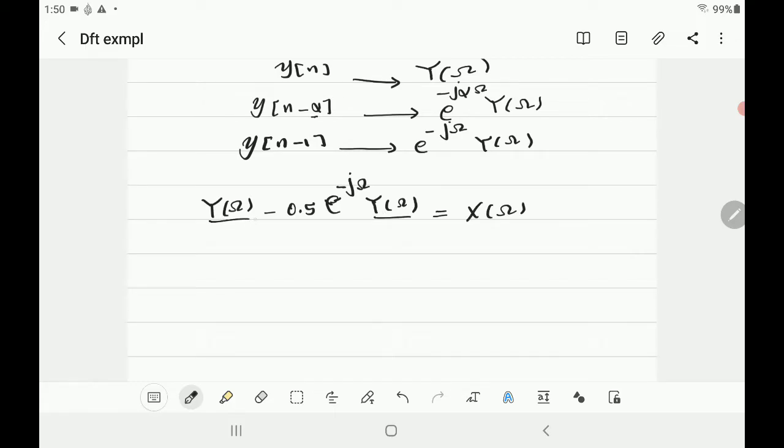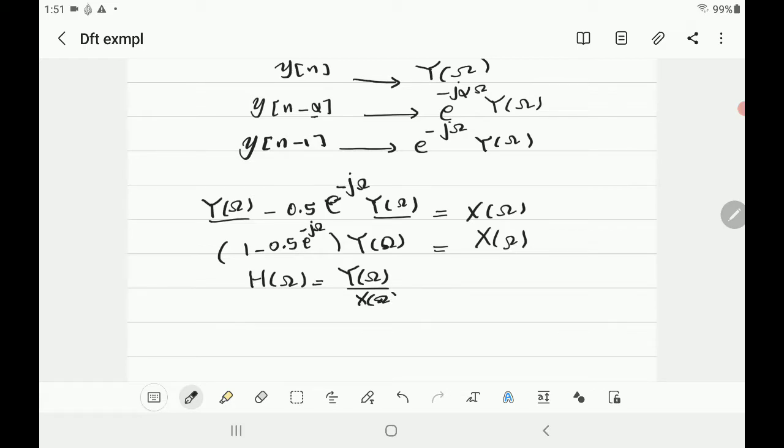Now I will take Y of omega as a common factor. What's left here is 1 minus 0.5 e to the power of minus j omega. On the other side we have X of omega. Now to find H of omega, you divide Y of omega by X of omega, the output divided by the input.